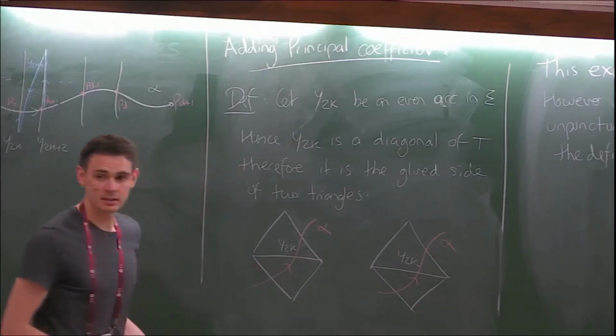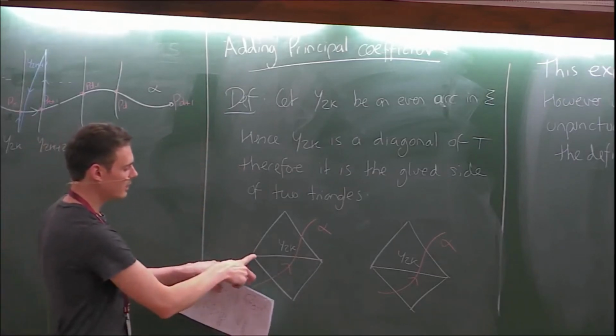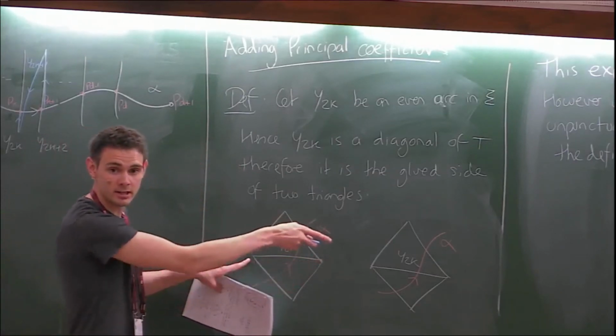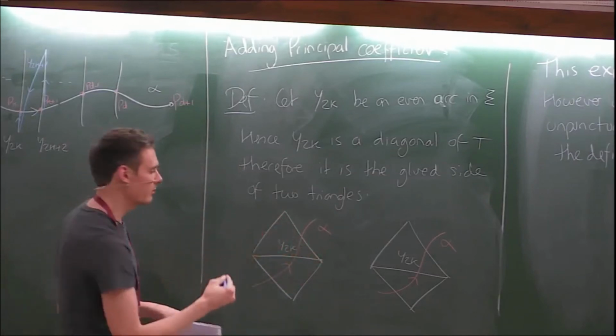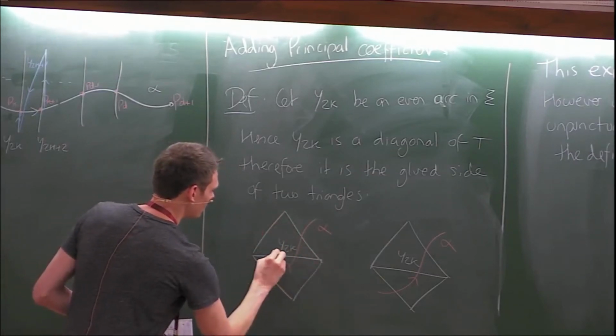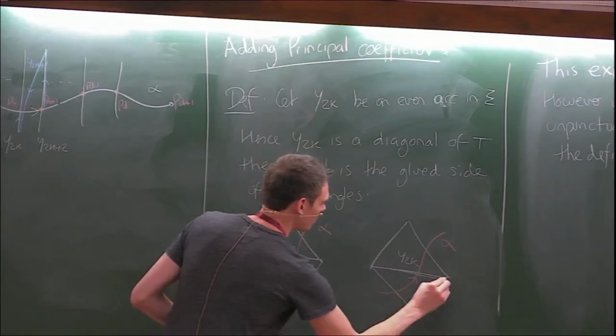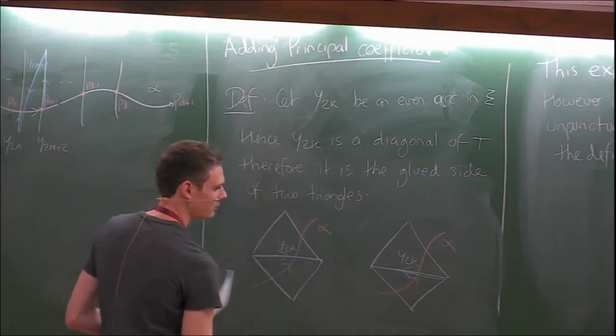The two possibilities are that gamma 2k in our t-path is oriented this way or the other way, right? So it's either like this or it's like this.